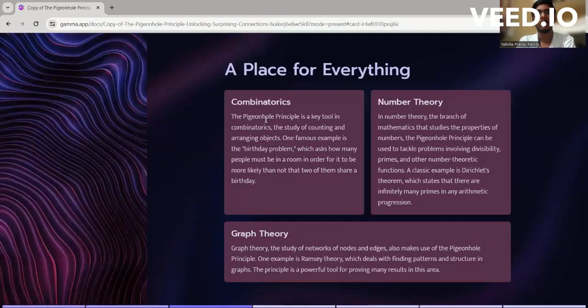First, if we discuss combinatorics, combinatorics is the study of counting and arranging objects. If we take an example, we have the birthday problem. Suppose we have a group of 366 people, and what is the probability that any two of them will have the same birthday?